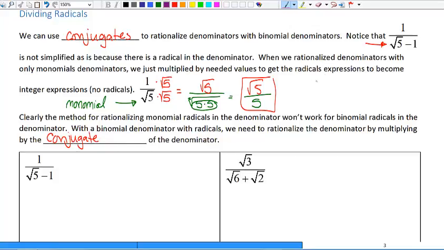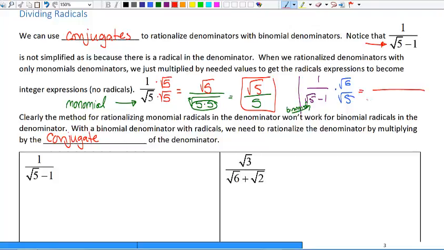To be clear, let's look at the binomial denominator 1 over the square root of 5 minus 1. If I just multiply by the missing value, root 5, like I did with the monomials, okay? So this is a binomial. So if I try to use the same method, it won't work. Let me show you what happens.